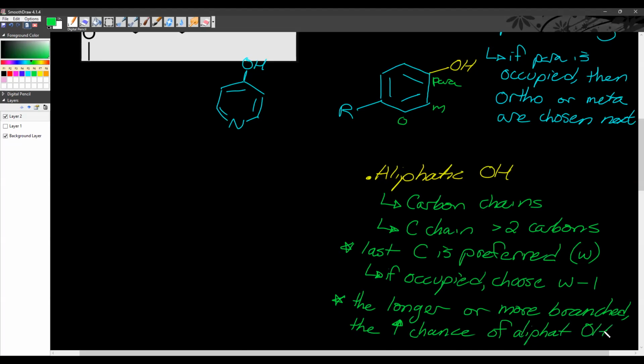And that should make sense, right? If you have a 100 carbon long tail, that is a juicy place to put an OH. So the bigger the chain, the faster the reaction, and the more likely it will occur.